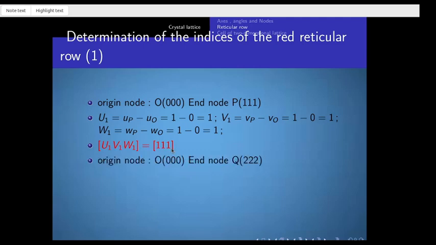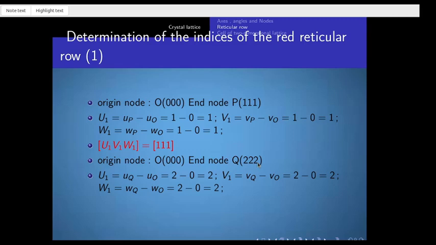In the same way, we can choose the origin node as O with coordinates 0, 0, 0 and end node Q with coordinates 2, 2, 2. And in the same way, we calculate U1 equals 2, V1 equals 2, and W1 equals 2. And we say that the red row has indices U1, V1, W1 equal to 2, 2, 2 within brackets.